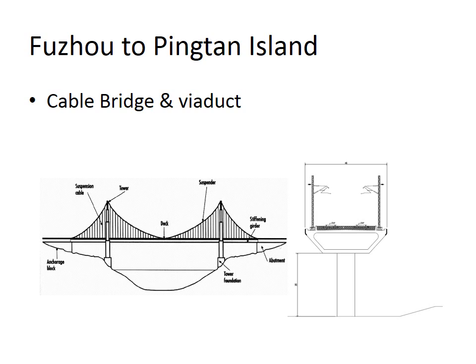As well, we will build some viaduct to protect the marine species. And we propose the cable bridge because it is more cost efficient than the suspension bridge and other types of bridge, and it will cost less in comparison with the tunnel.